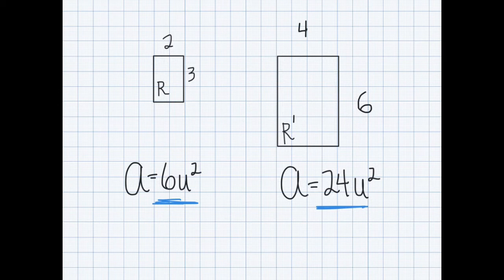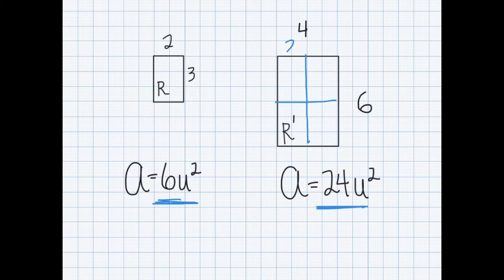Let me see. If we look at the model, it looks like if I divide this in half again, we can draw 4 sets of the 2 by 3 original figure inside of the area of the new figure.